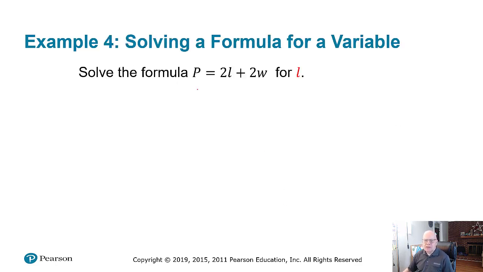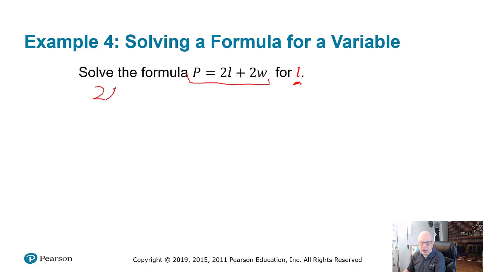Now the trickiest part, solve a formula for one of the variables. You've got a P, an L, and a W. How do you get the L out of that? I'm going to do it just a hair different from what the slide does. Since I'm solving for L, I'm going to take this original equation and swap the two sides.